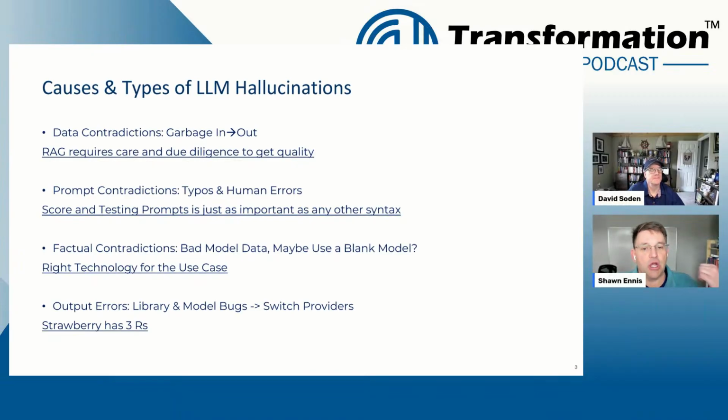Go take a shower, use water, use soap, use toothpaste, rinse, turn off the water, get dry, get dressed. Prompting is very similar to that.